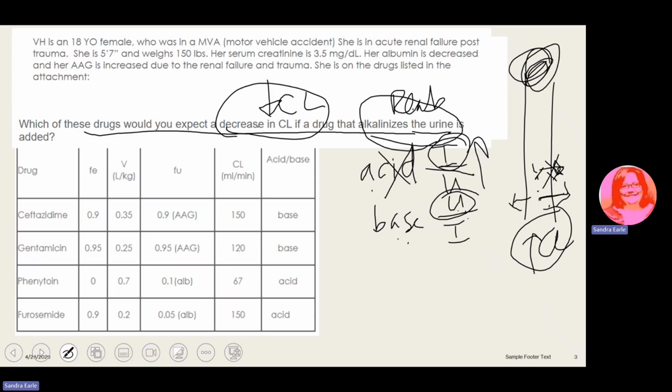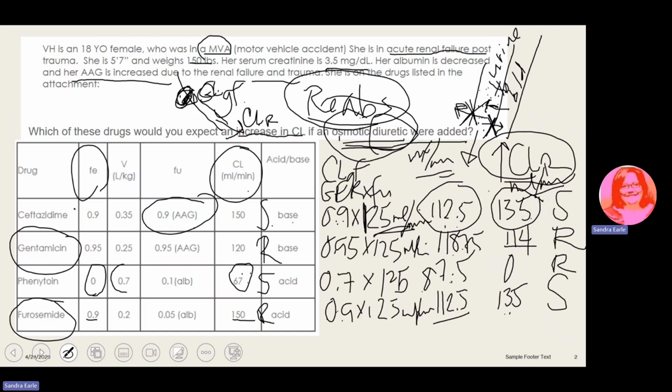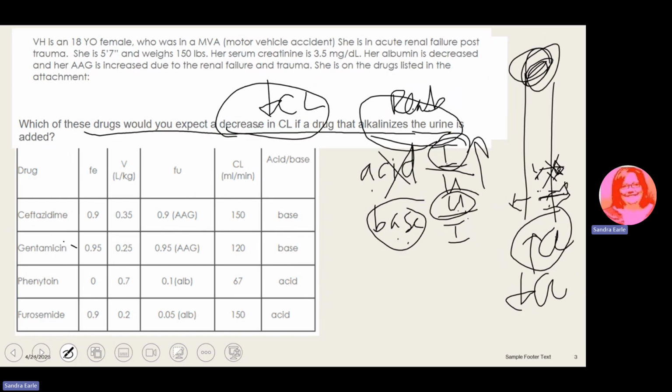So you're going to have an increase in reabsorption, and then it's not going to go out in the urine. So that's going to be a decrease in clearance. So this is a base that is reabsorbed. And let's see, we have to go back and see. A base that's reabsorbed is gentamicin. So the answer here is gentamicin. This is like a fun little detective story.